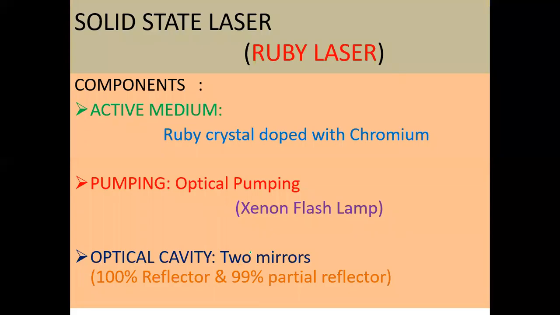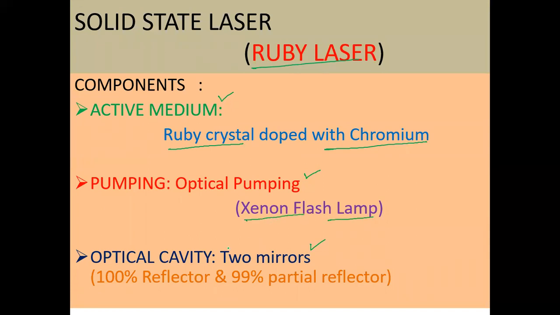In the solid state laser, that means the ruby laser, there are three main components: active medium, pumping material, and optical cavity. Active medium means a ruby crystal doped with chromium ions, and the pumping material is a xenon flash lamp.